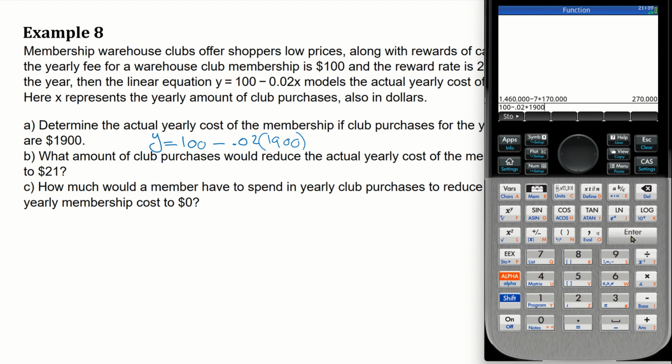You got to subtract. So you get 62. So even though you paid $100 for the membership, since you got 2% of the $1,900 that you spent, you're actually paying $62 to be a member of this club, right? All right.